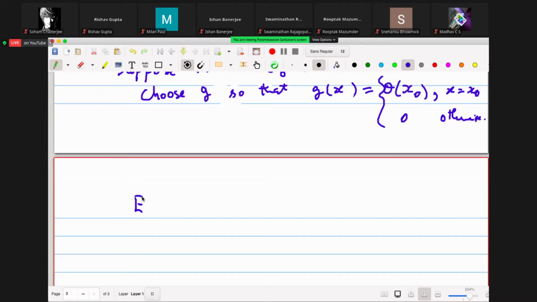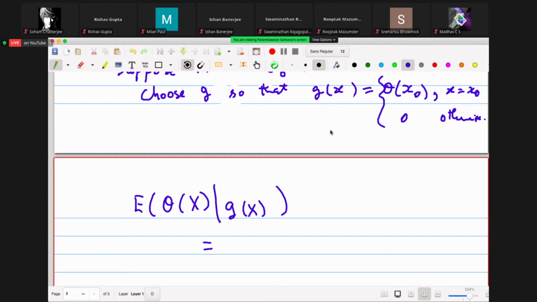So what is the expectation of theta of x given g of x? So this we can compute. We should compute what it is. This will make sense only if g of x naught.